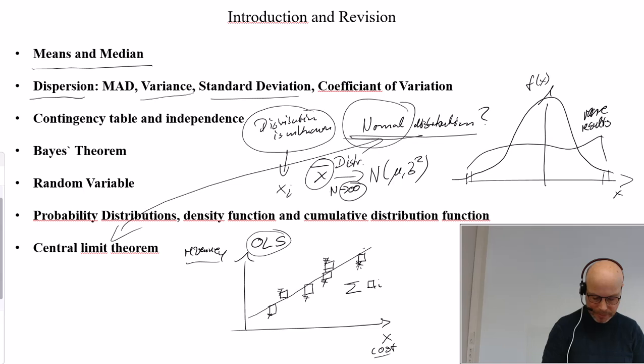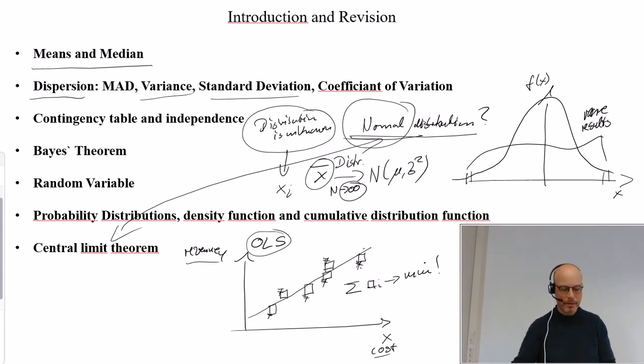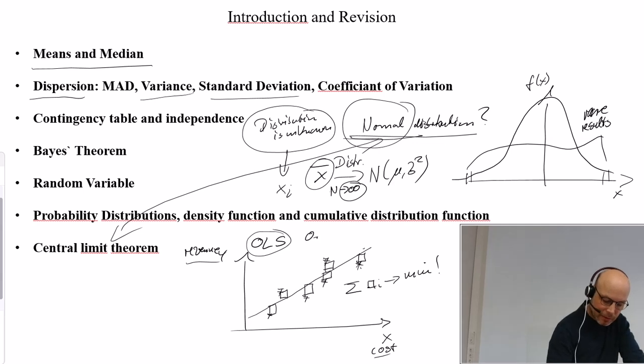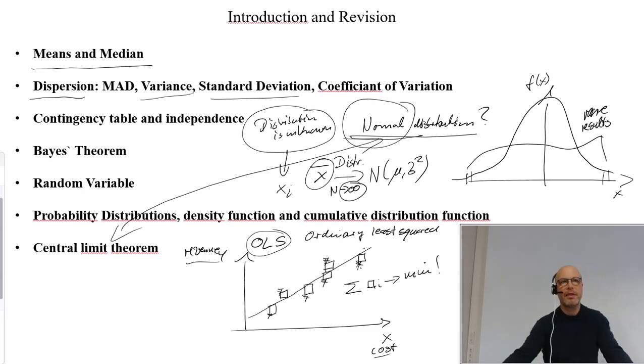So the sum of these squared distances should be minimized. And this is called the ordinary least squares method.